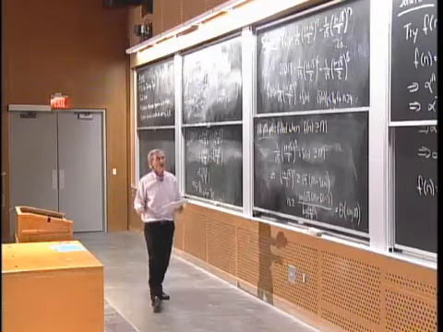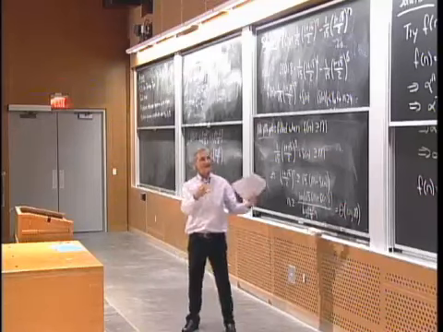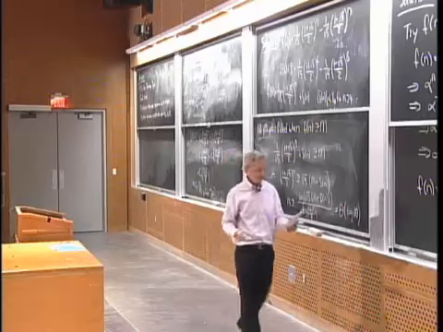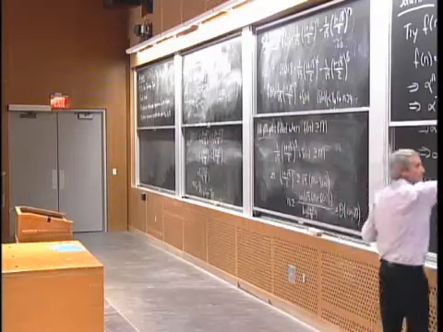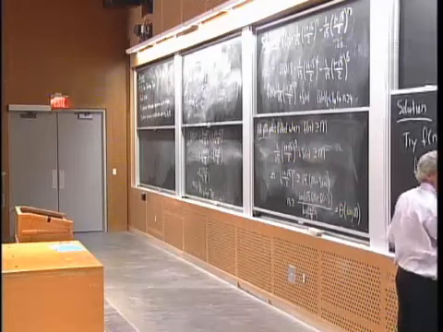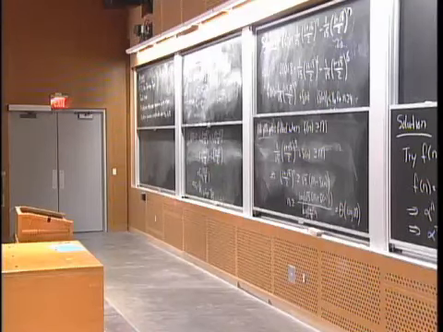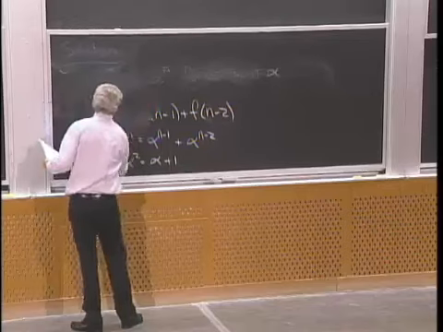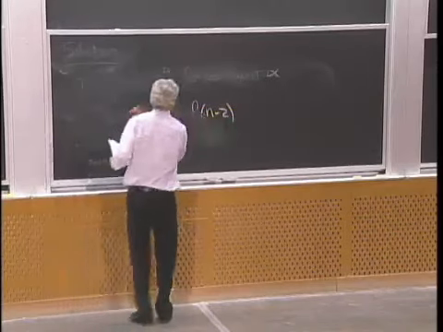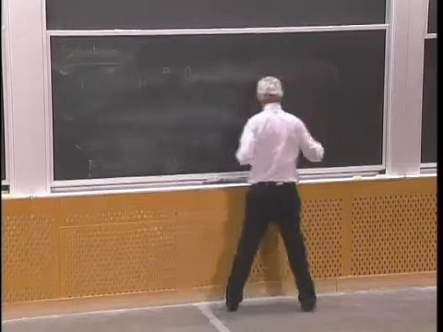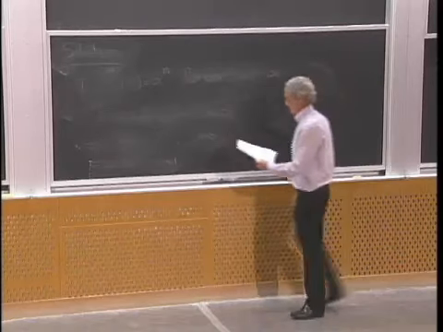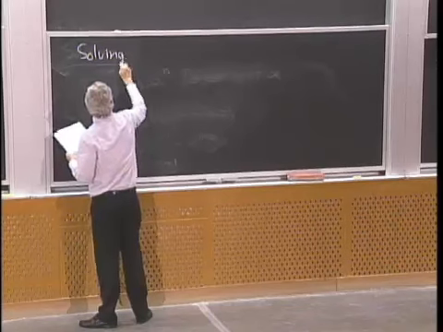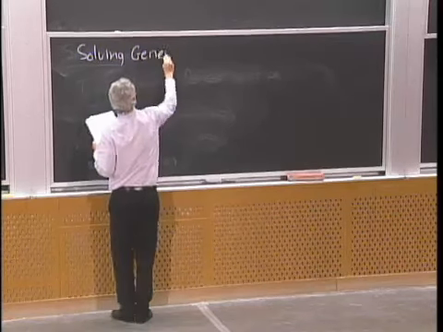Okay, so now what I want to do is show you how to use the same idea to solve any linear recurrence. And this is the process you'll go through to do it. All right, so we're going to solve a general linear recurrence.